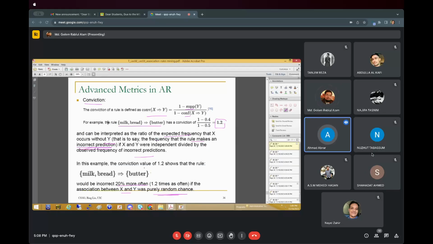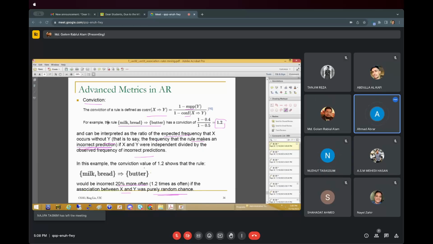Sir, if it's less than one, what does that mean? For example, if it's 80%, does that mean it's 20% more accurate? If it's random, then 20% error. But if it is less than one, then we can say it will be 20% accurate for that case.